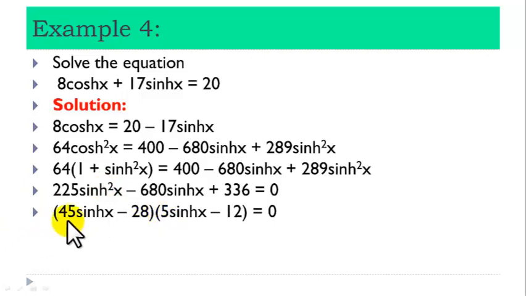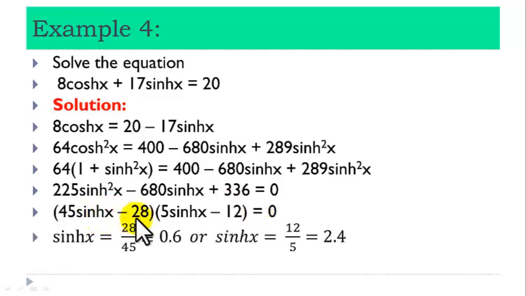The left hand side can be factored into 45 sinhx minus 28 times 5 sinhx minus 12, then equal to 0. This implies that either 45 sinhx minus 28 is equal to 0 or 5 sinhx minus 12 equal to 0. Therefore, sinhx is equal to 28 over 45, which is approximately equal to 0.6, or sinhx is equal to 12 over 5, which is equal to 2.4.